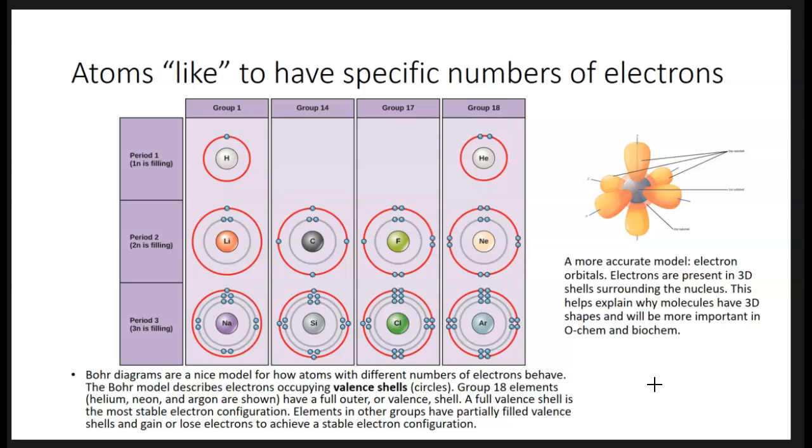This will be an important concept for understanding why chemical molecules have 3-dimensional shapes, because the bonds that are formed between sharing of these electrons actually poke out in different directions from the nuclei that form those bonds. This concept is going to be a lot more important when you take OChem and biochem. For now, the Bohr model is a useful model for how we understand these atoms.